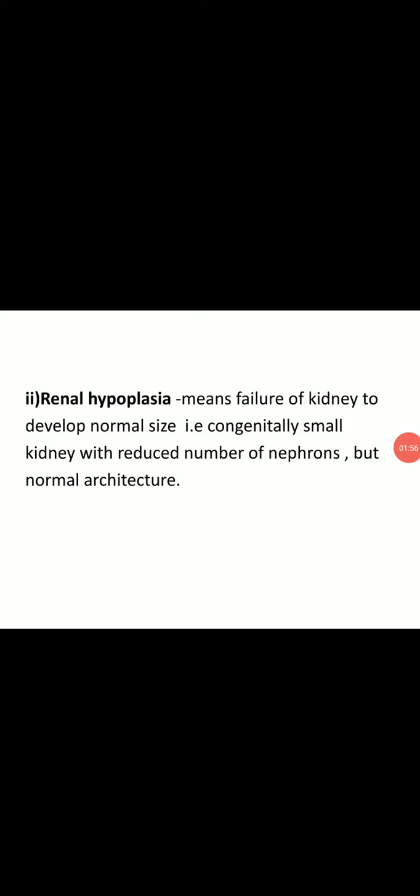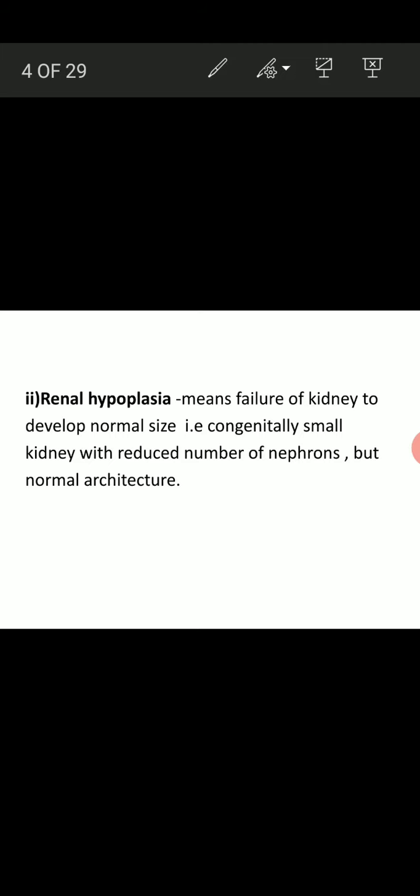The second congenital renal anomaly can be renal hypoplasia. Renal hypoplasia means failure of kidney to develop normal size. That is, congenitally a small kidney with reduced number of nephrons but normal architecture.